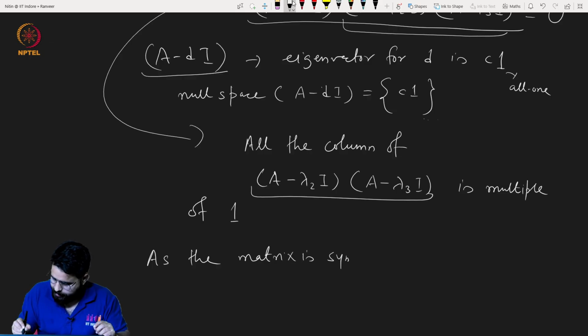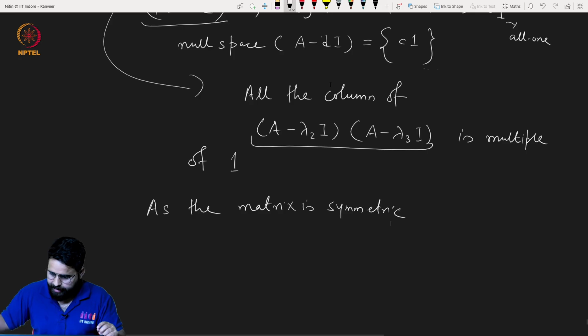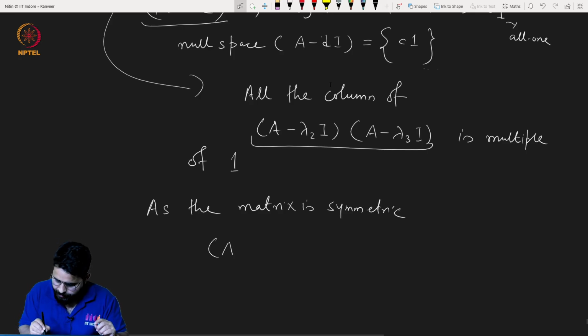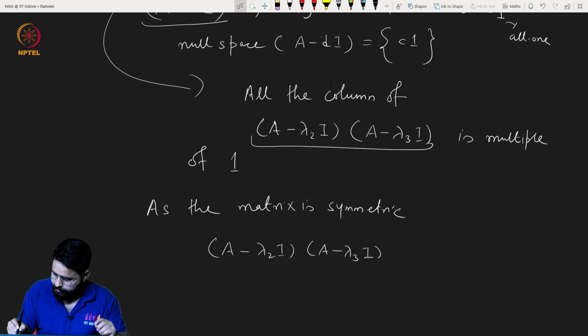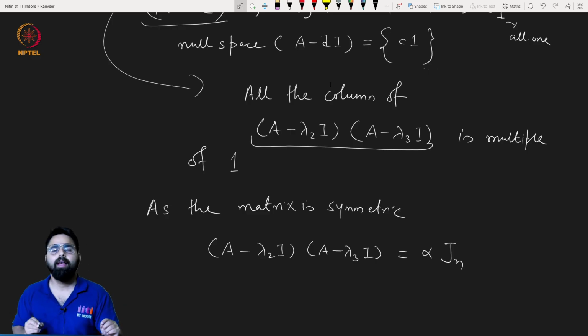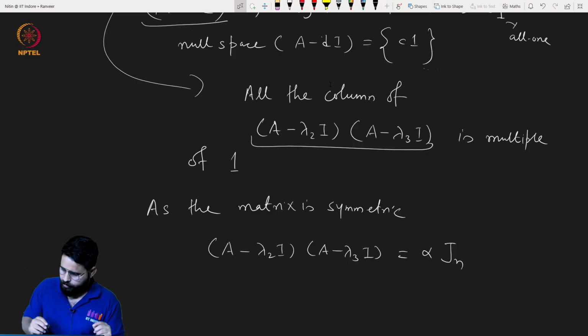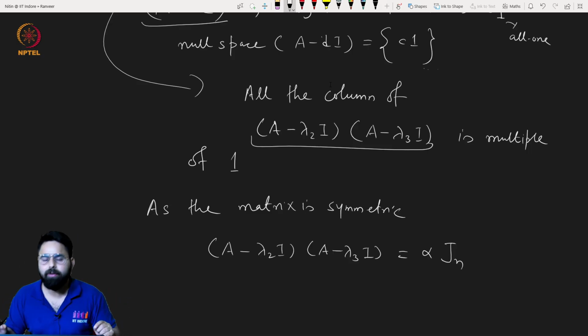This implies that A minus lambda 2 I times A minus lambda 3 I is nothing but some constant alpha times J, for some alpha, right? Now what does this imply?